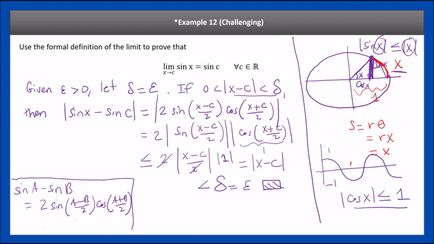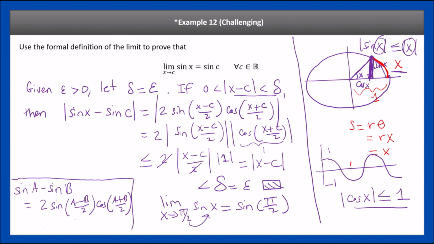And so this is very useful because you can use this to prove, for example, that the limit as x approaches pi over 2 of sine of x is equal to 1. Sine of pi over 2 is 1. But we can show that that's the case using this exact structure, because if we replace 1 with sine of pi over 2, this is just saying that you can do a direct substitution.